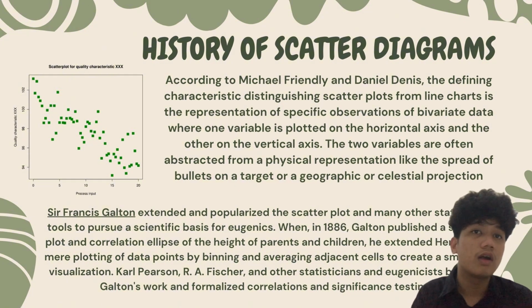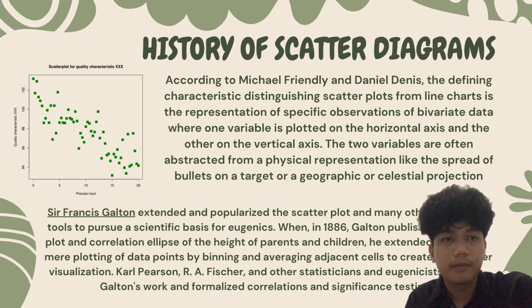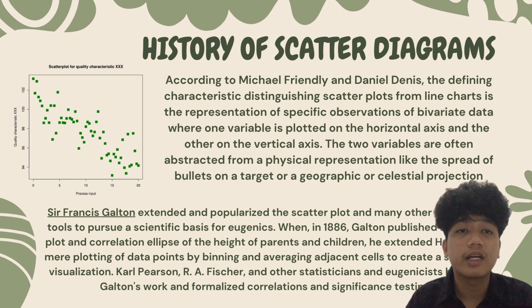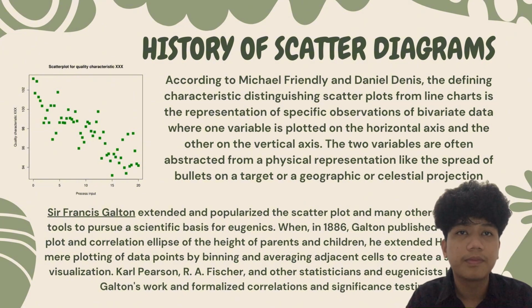The two variables are often abstracted from a physical representation, like the spread of pulse on a target or a geographic or celestial projection. While Edmund Halley created a bivariate plot of temperature and pressure in 1686, he omitted the specific data points used to demonstrate the relationship.